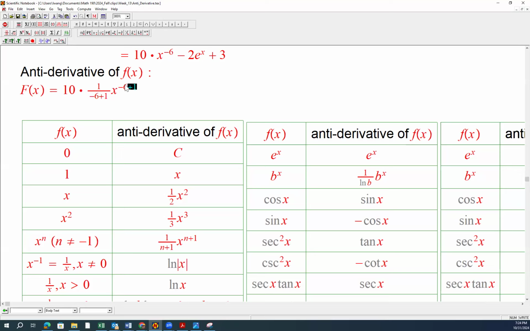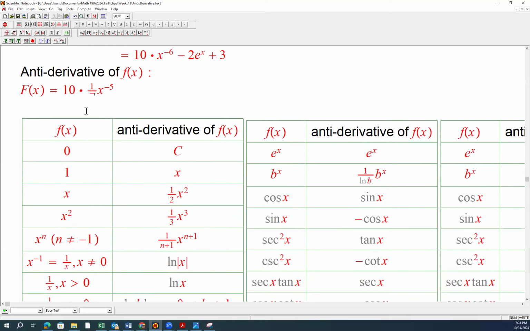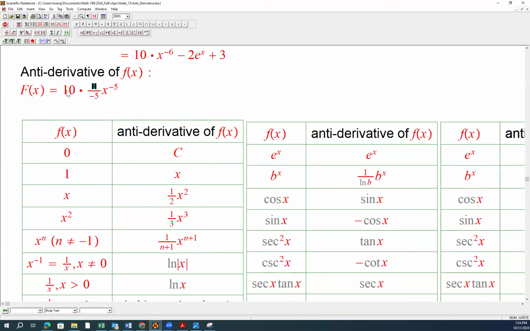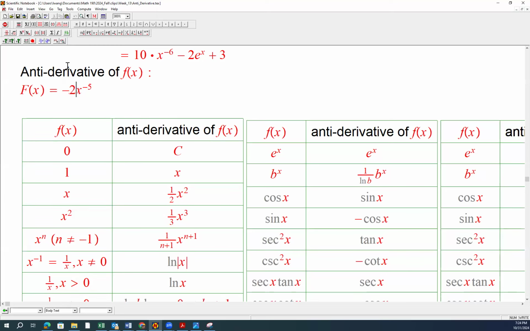You can say, hey, I know that's negative 5, so you can do this directly, and you get a negative 2 right there if you want. Minus 2 times e to the power of x, because the antiderivative of e to the power x is e to the power x, plus 3x plus constant. Done, finished. All right.